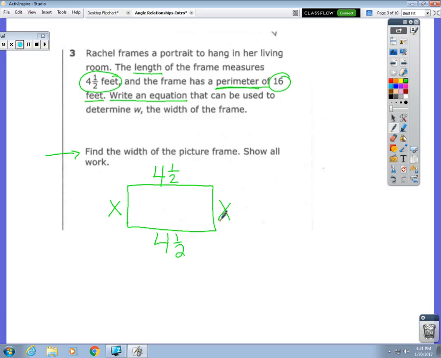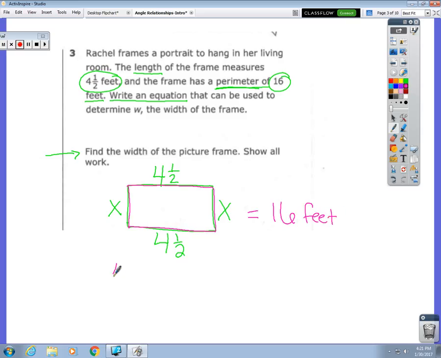But we do know that with perimeter, we're going to add. So we're going to add 4.5 plus 4.5 plus x. And when we add all those sides together, we know that it's going to equal 16 feet.